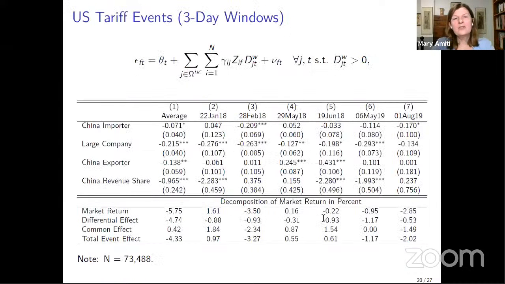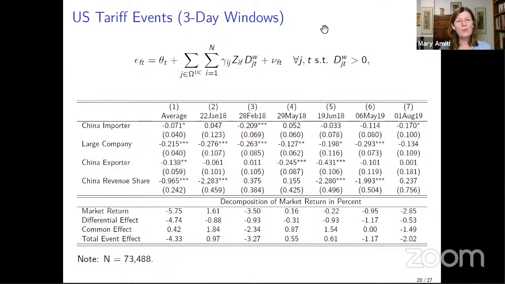Okay, so let me now turn to the US tariff events. We've done the factor model now. We've got our abnormal returns, that's our epsilon, and we want to estimate this equation.